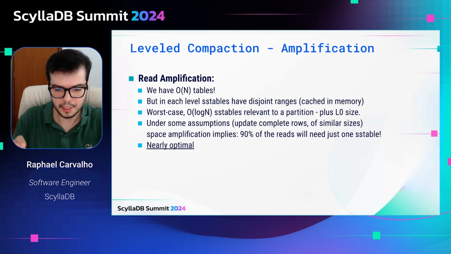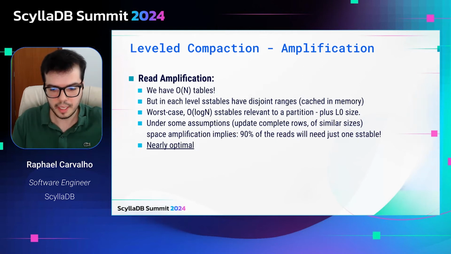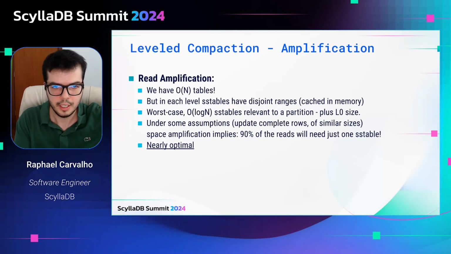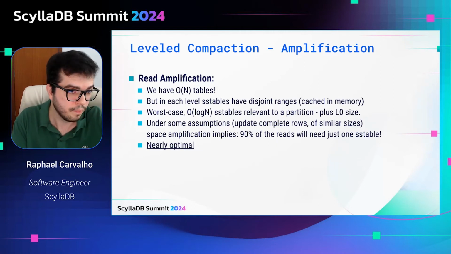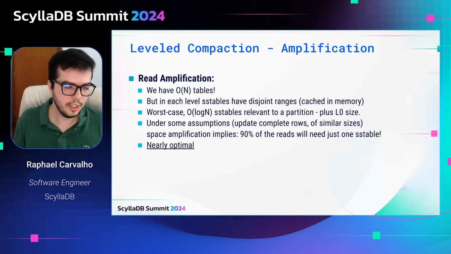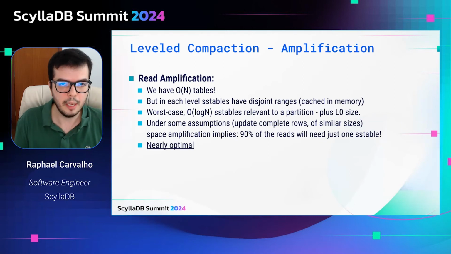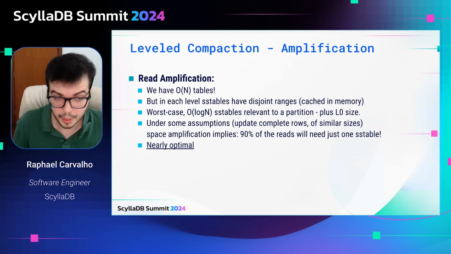It could happen that most of the data will be kept in level 0 because the strategy has to switch to tiered mode in order to keep up with the amount of data being written. So if you're ingesting lots of data, the database will switch automatically to tiered mode in order to keep up with the write rates.